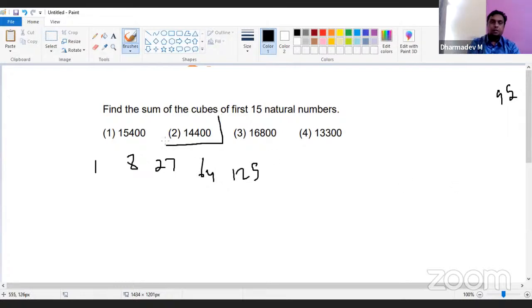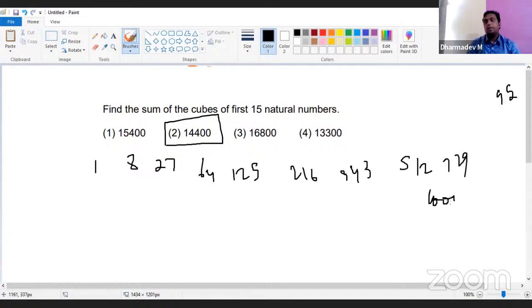Always have these cube values. If you can remember them, it's better. Okay, fine. If that's the answer, that's fine.